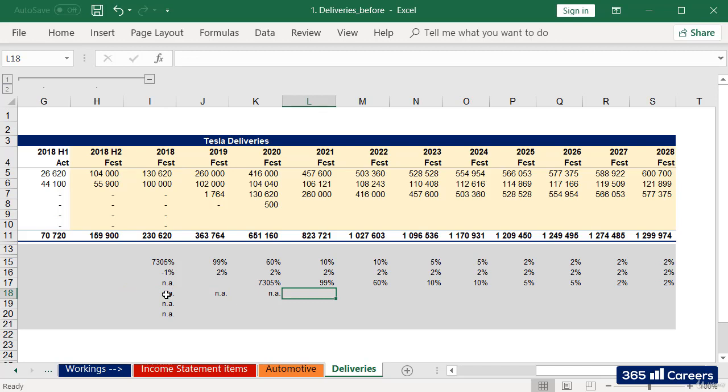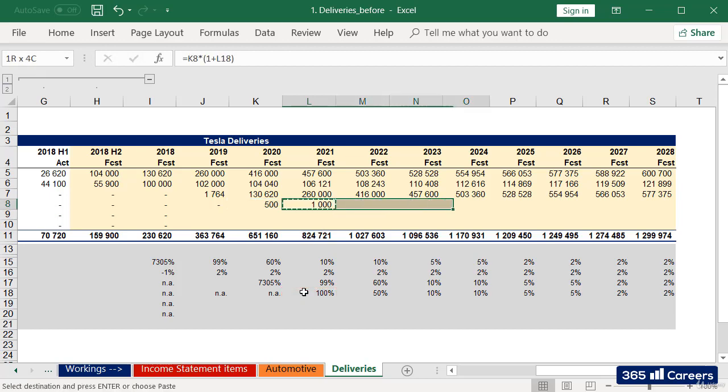Let's assume the deliveries of Roadster 2 will grow by 100% in 2021, 50% in 2022, and from that moment onwards, we'll be in our usual cycle of 10% growth for 2 years, 5% for another 2 years, and 2% from that moment onwards. Here's how to calculate actual deliveries.